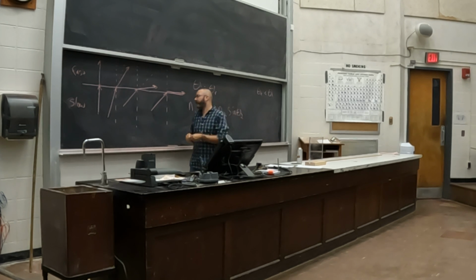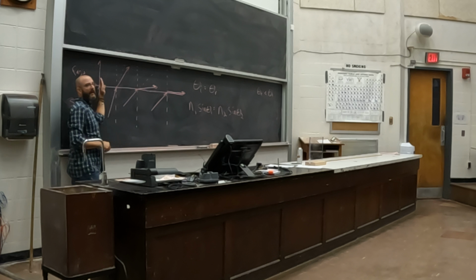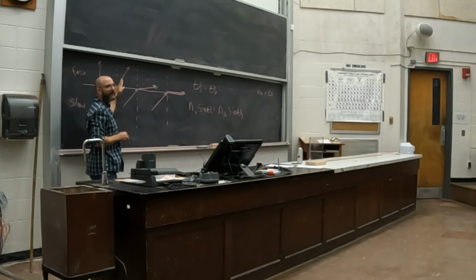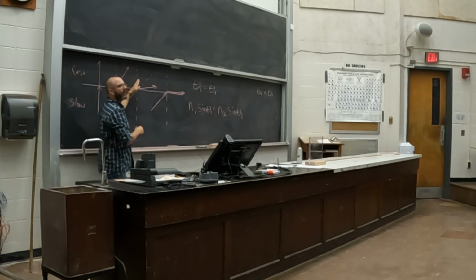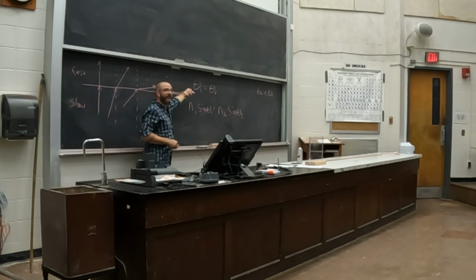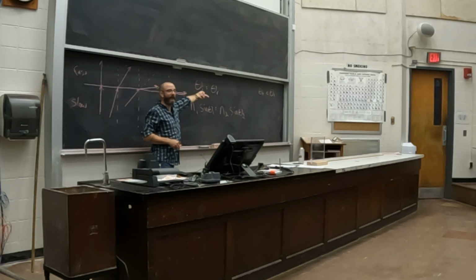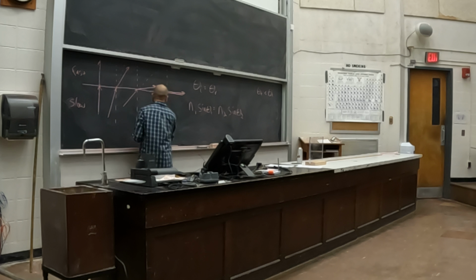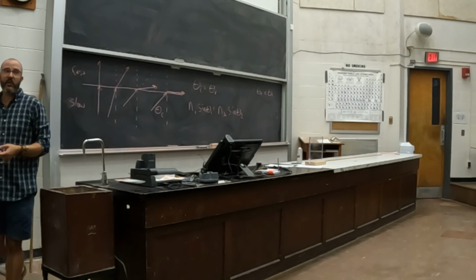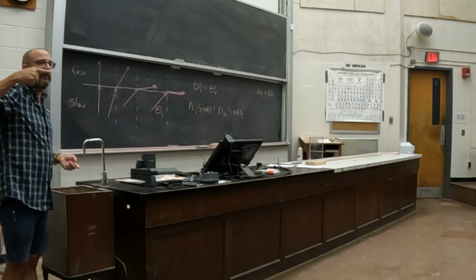So this is the way we proceed. We start straight up, I get no bending. I bend over a little bit, the transmitted ray bends over a lot. A little bit more, a lot more. A little bit more, I find this particular angle for which the transmitted light is now going parallel to the surface. We call this the critical angle. And there is transmitted light, it's just traveling parallel to the surface.